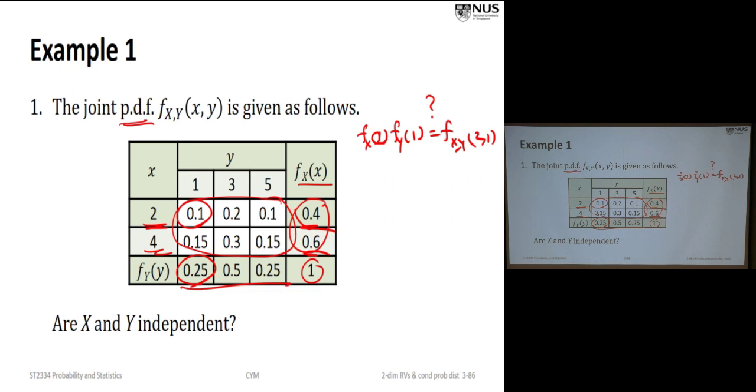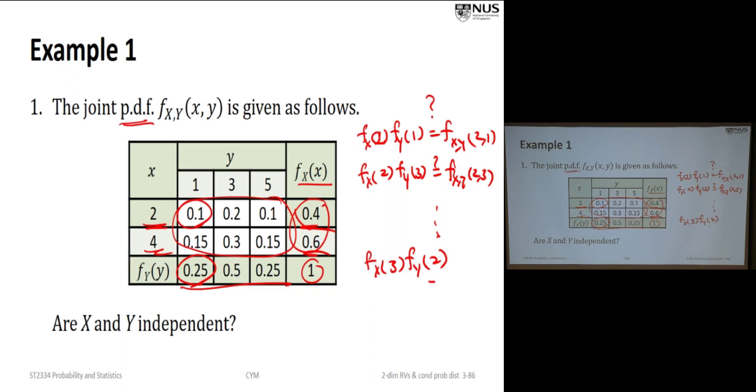So that means you have to check f of x2 times f of y3, whether this is equal to f of xy at 2 and 3, and so on. Altogether, you have to check 6 of them. How about f of x3 and f of y2?